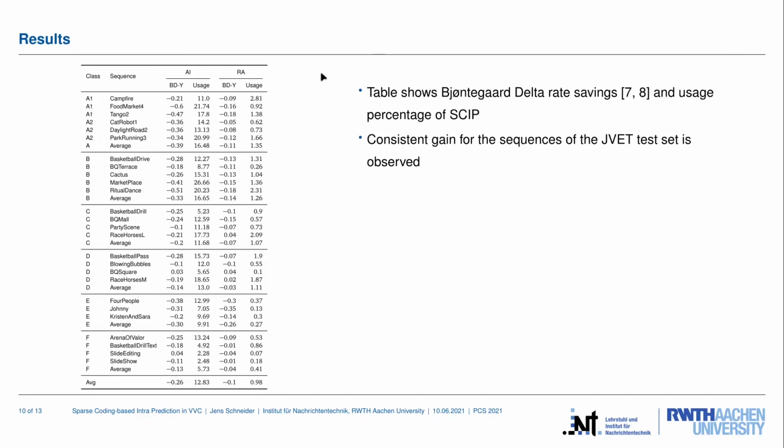The table on the left shows the simulation results in terms of Bjøntegaard delta rate savings and usage percentages of SCIP. The usage percentage was calculated on a per pixel basis. You can see that a consistent gain for the JVET sequences is observed. For the all-intra coding scenario, we observe on average 0.26% of rate savings, and for random access 0.1% of rate savings.